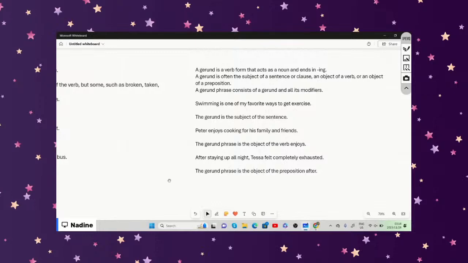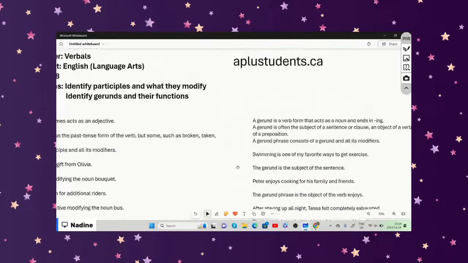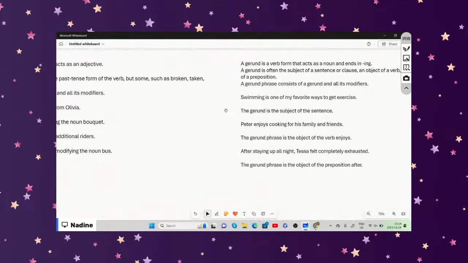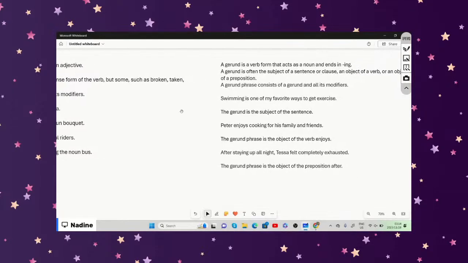Then we go on to a gerund. We're also going to identify gerunds as well as their functions. And a gerund is a verb form that acts as a noun and it ends in ing.